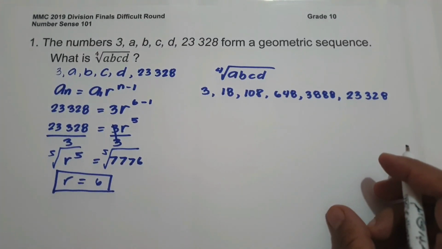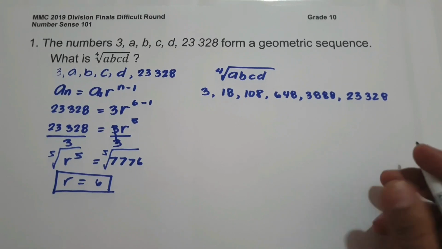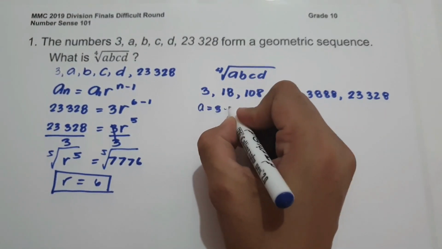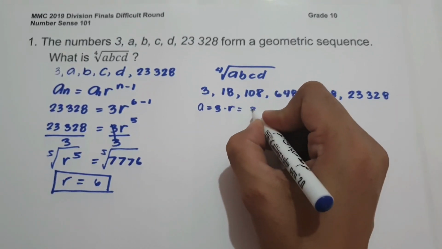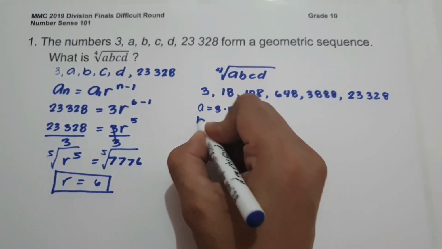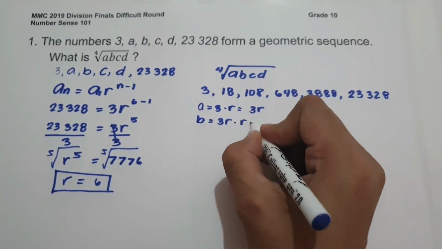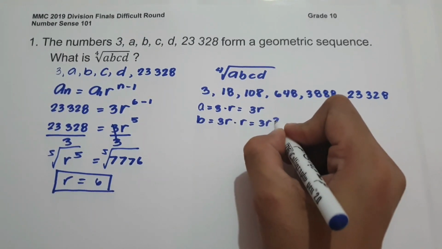So what we are going to do is identify the values of A, B, C, and D in terms of r. The value of A is 3 times r, that is 3r. The value of B is 3r multiplied by r, that is 3r squared.